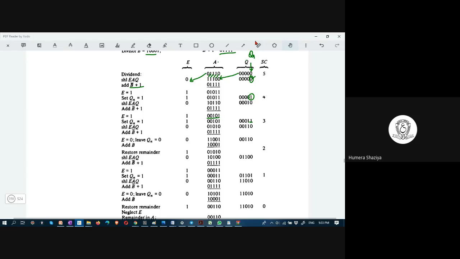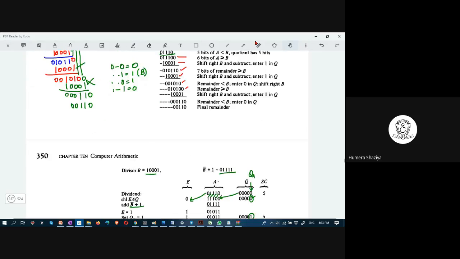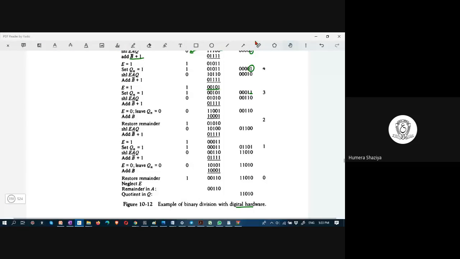Here, when E is equal to 0, at one point A was not greater, A was smaller. That's why it is 0. When E is 0, Qn remains 0, and just add B. This is the process.